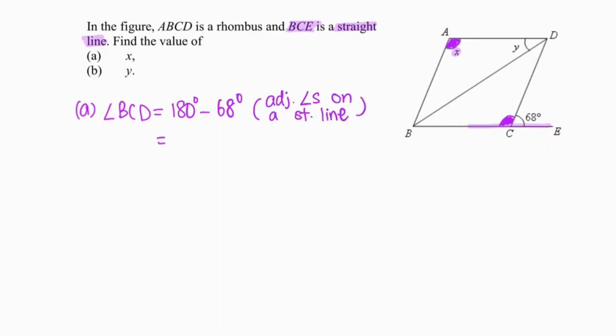And this will give me 112 degrees, and therefore x is equal to 112. Since we talk about value, I don't put units anymore. And this is because it is at opposite angles of a rhombus.